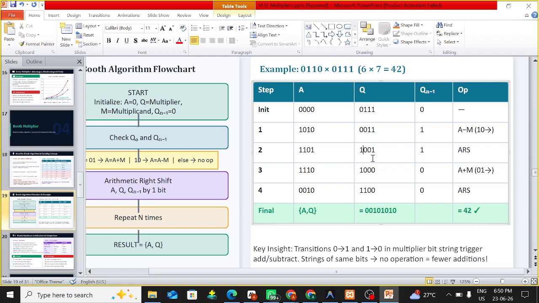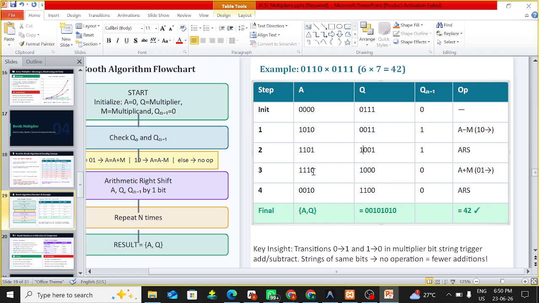Okay. Now check Q and Qn minus 1. What is your Q and Qn minus 1? 1, 1, right? So no operation. No operation, only arithmetic right shift. Again, if you do arithmetic right shifting, then what will it become? Again, you need to do shifting.